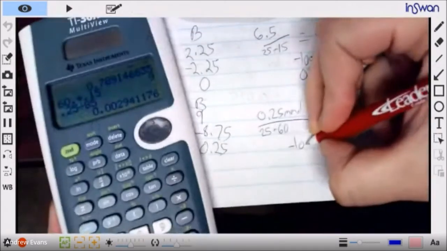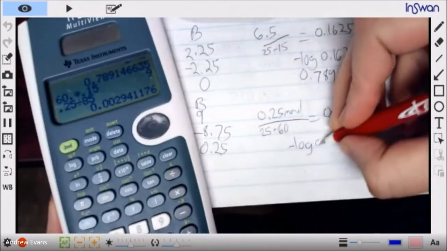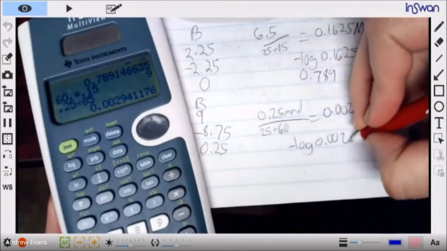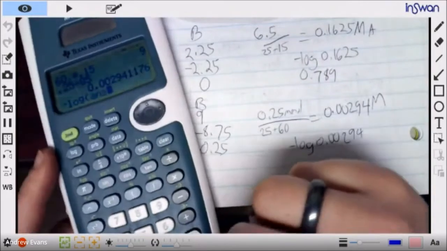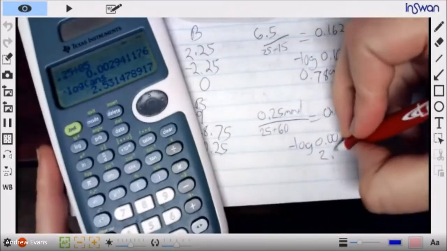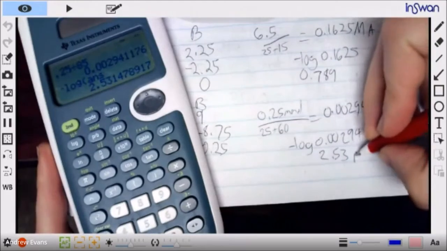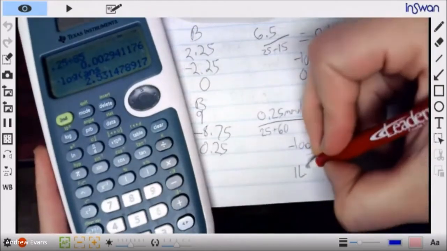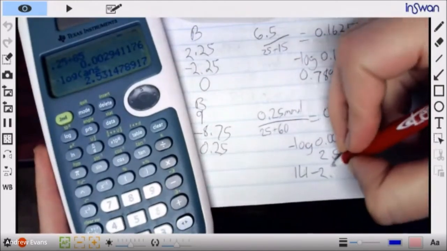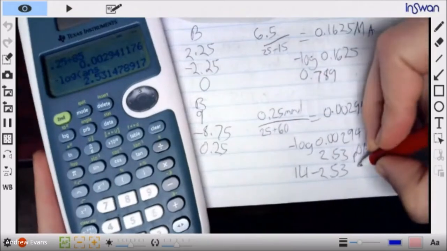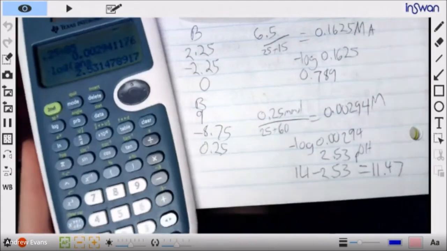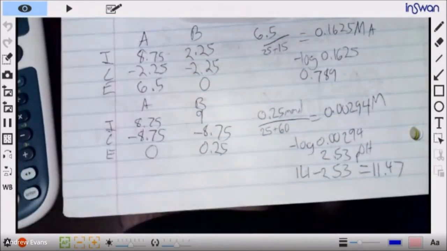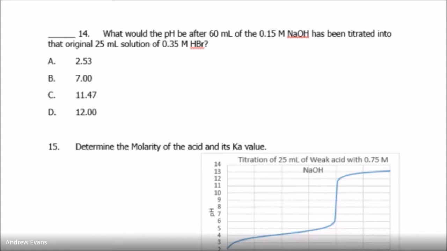Negative log of that will give us a pOH. We get 2.53 is our pOH. And so 14 minus 2.53 gives us 11.47. 11.47 is our pH after that.